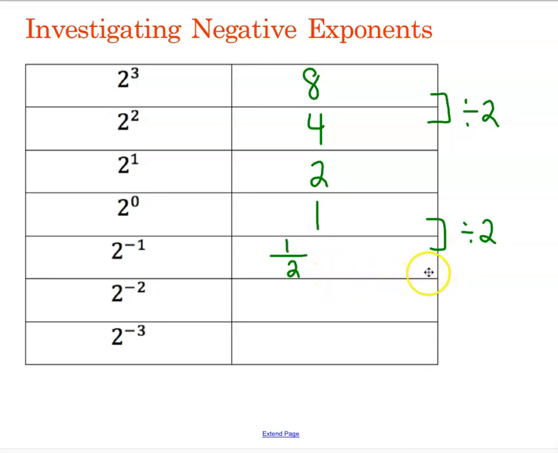And then if I take a half and divide it by 2, it becomes 1/4. The other way to do it is you can do 1, you drop the 2, the base, to the denominator, and the exponent becomes positive. So it's 1 over 2 to the second power, or 1/4. 2 to the negative third power, same thing. It would be 1 over 2 to the third, or 1/8. As you go into the negative powers, you just keep dividing by 2.